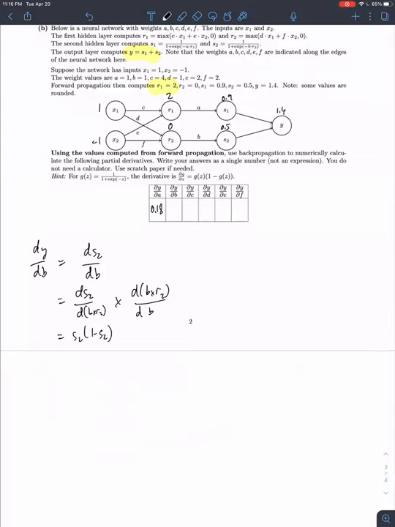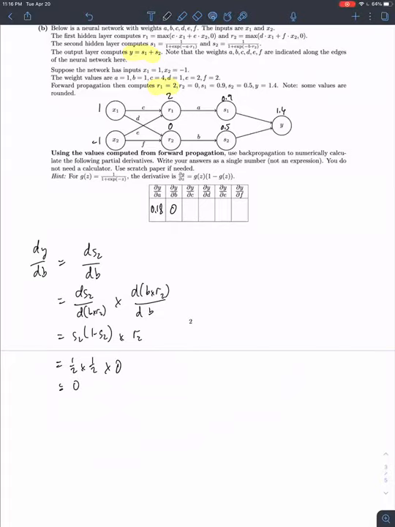This is just the derivative of the sigmoid function. Then d(B times R2) dB is equal to B? No, it's not. It's equal to R2. So S2 is a half, so it's a half times R2, and that's equal to 0. So it's exactly 0.